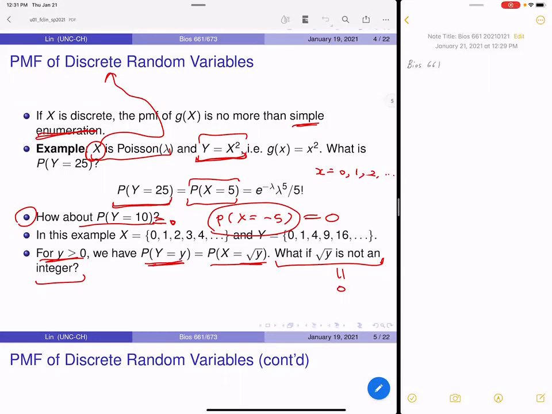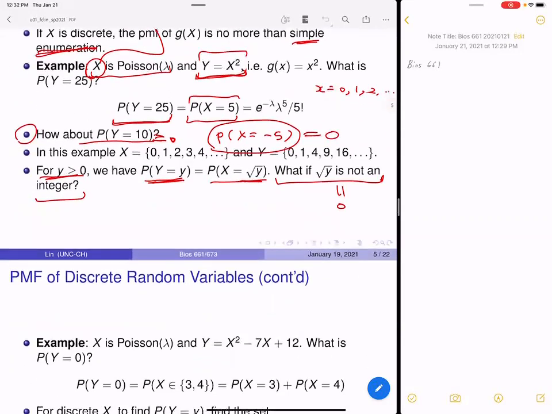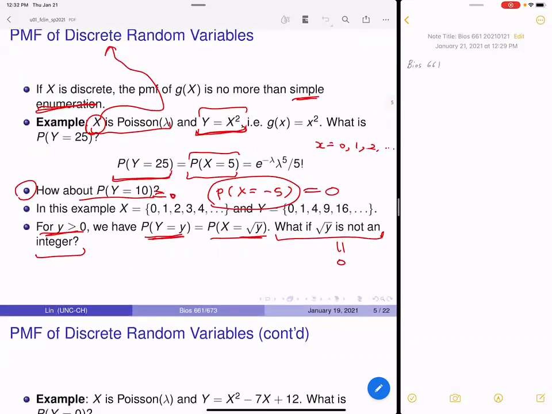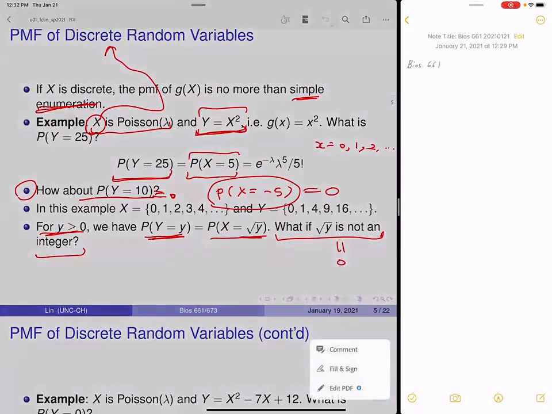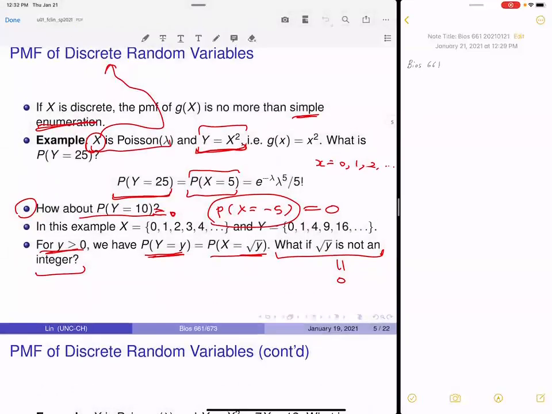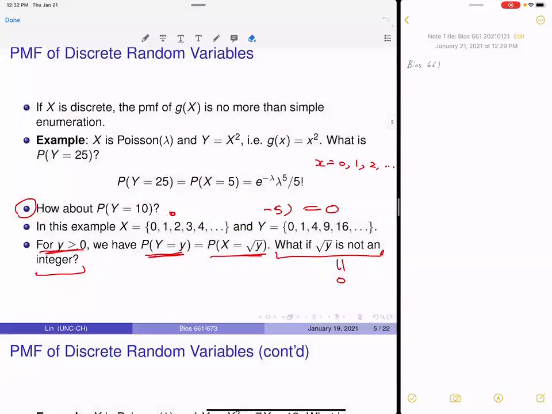This time we talk about transformation. When you do transformations on a discrete random variable, it's really nothing but counting. Next time we talk about the Poisson case. The example would be: if X is Poisson, then I do my transformation.